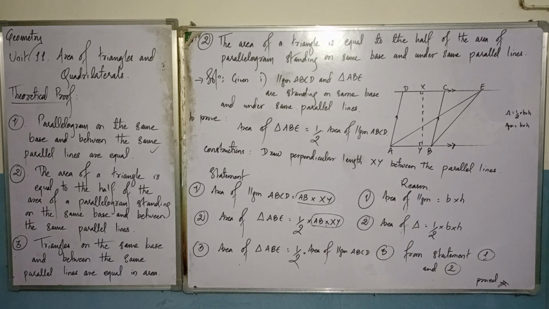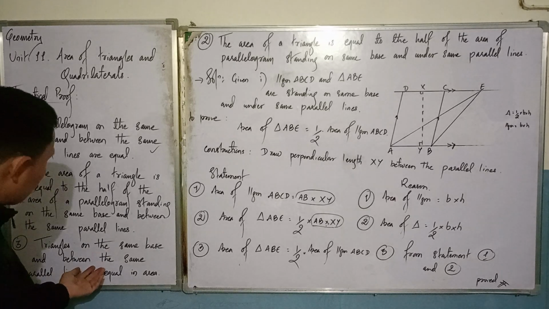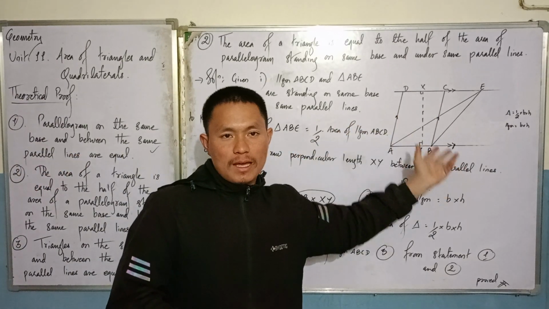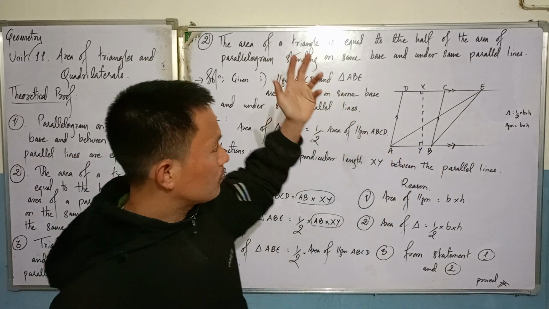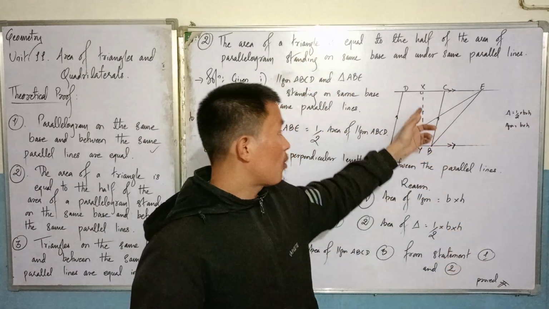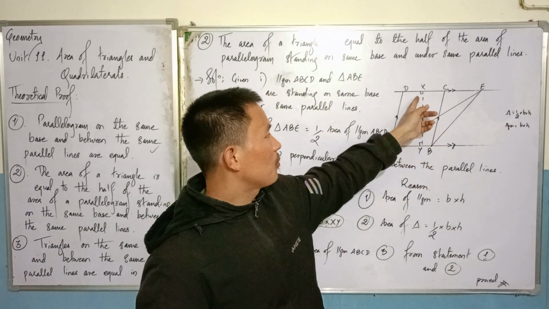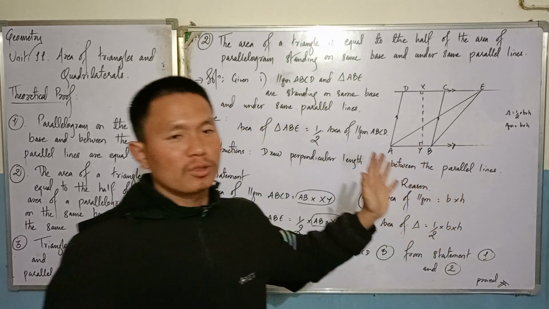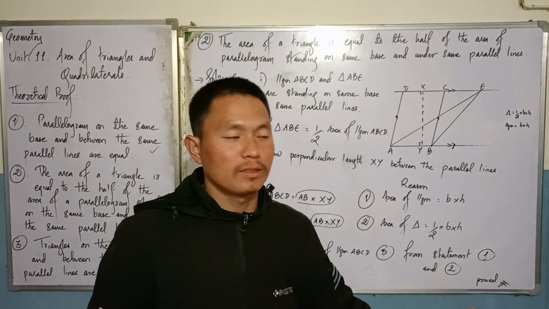Triangles on the same base and between the same parallel lines are equal in area. It's very easy. Just make two triangles standing on the same base and between the same parallel lines, and then draw the perpendicular height between the parallel lines, and then use the area of triangle.